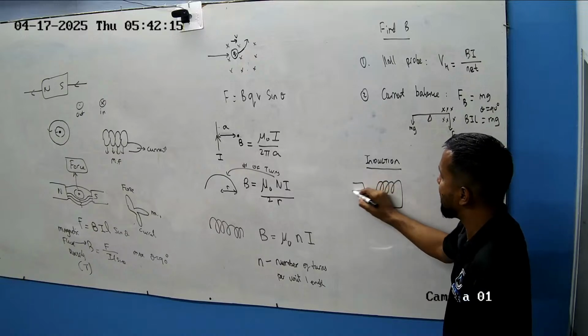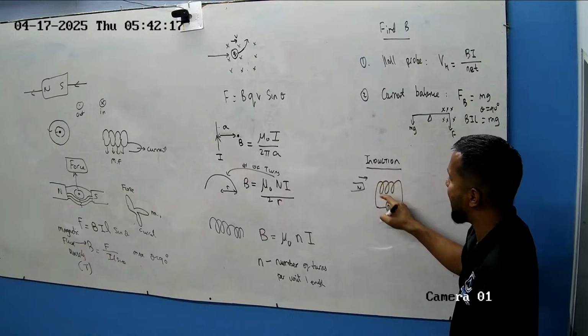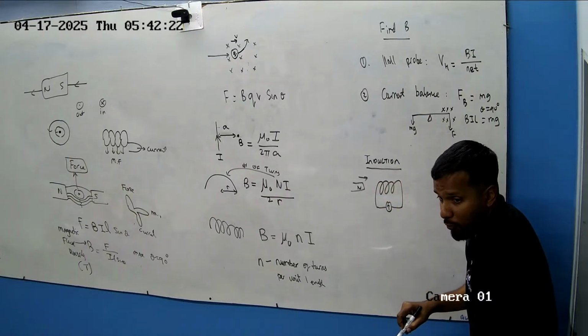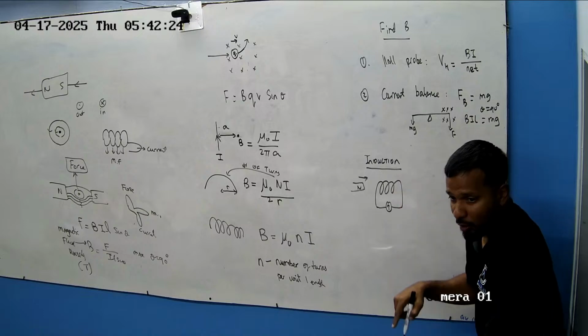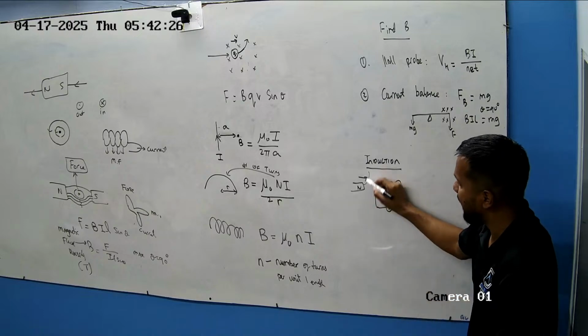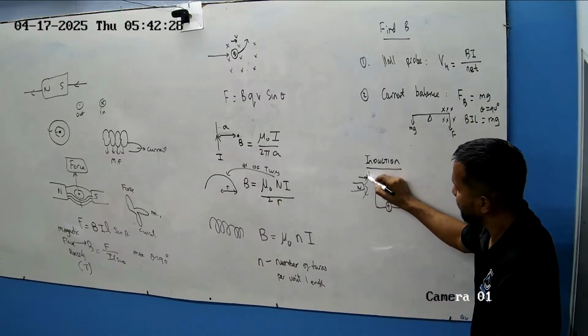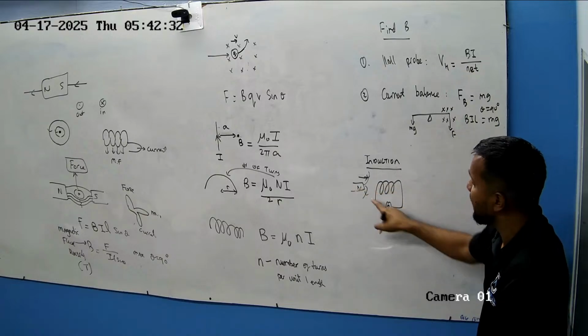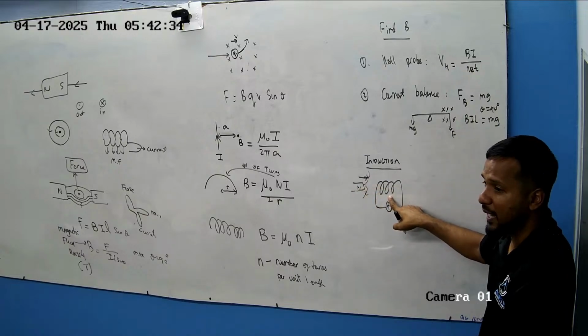If I take a magnet now and move the magnet in and out of here, what happens? That's Lenz's law. Faraday's law says that if I move the magnet in and out of here, the magnetic field will cut the field lines.